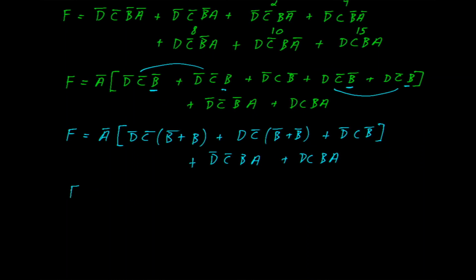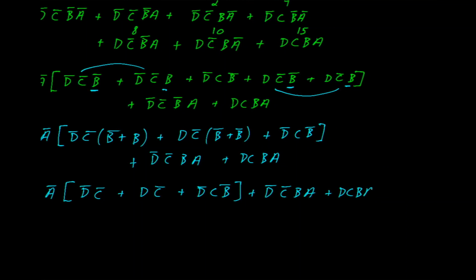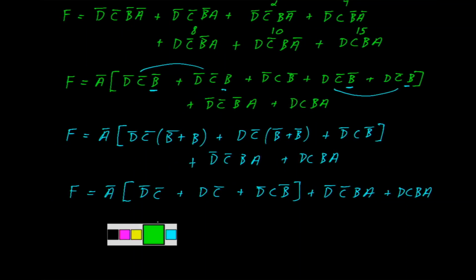We rewrite this, D naught, C naught, plus D, C naught. Hopefully I haven't made any mistakes in here as I transpose these. Looking inside, looks like we have a C naught for each of these.